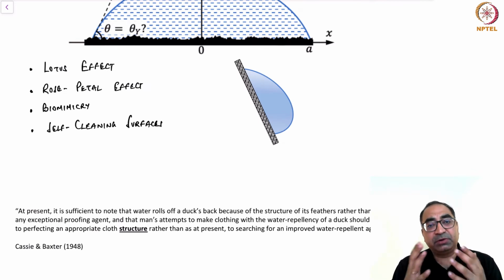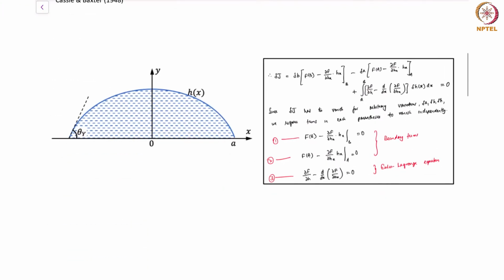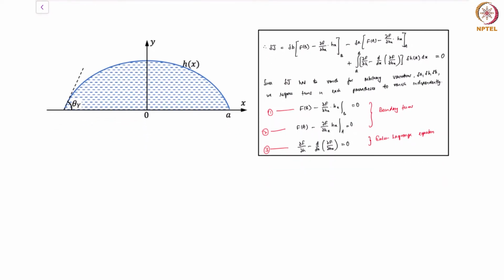But before we get into wetting on rough and textured surfaces, let's quickly recap what we have seen for wetting on smooth surfaces. I do this by using the system that we've already studied, a droplet sitting on a smooth surface.